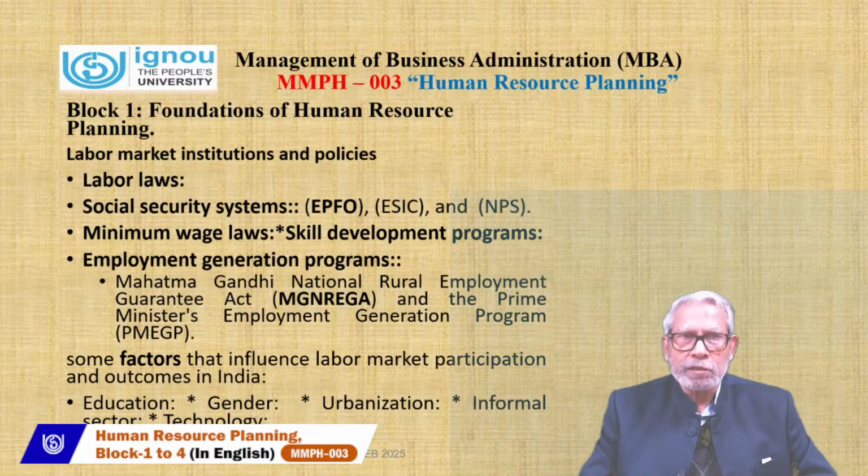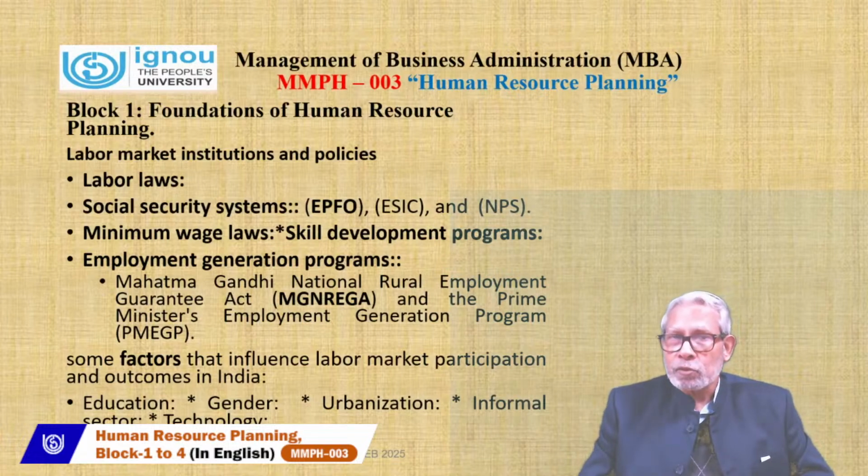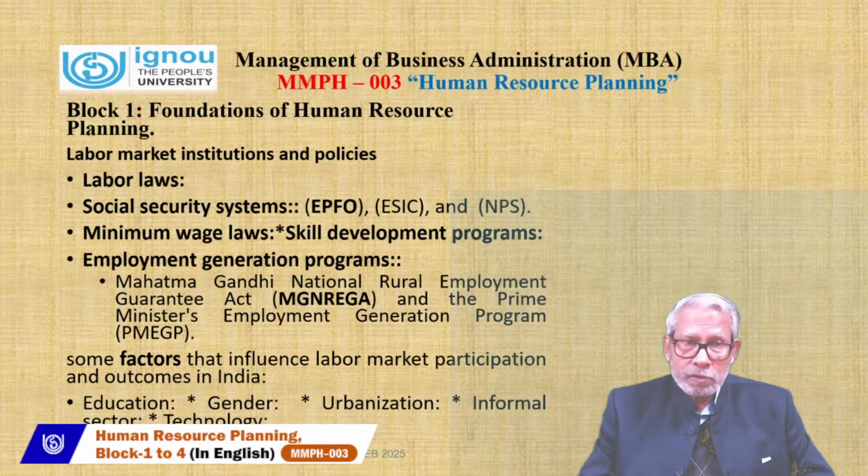So some pension schemes, some security should be there. Minimum wage laws, skill development programs, and employment generation programs, that is your MGNREGA, the Mahatma Gandhi National Rural Employment Guarantee Act, and the Prime Minister's Employment Generation Programme, PMEGP. These are all initiatives taken by the government.